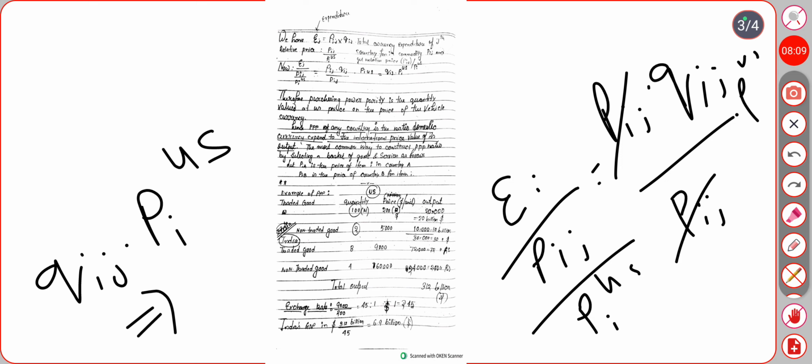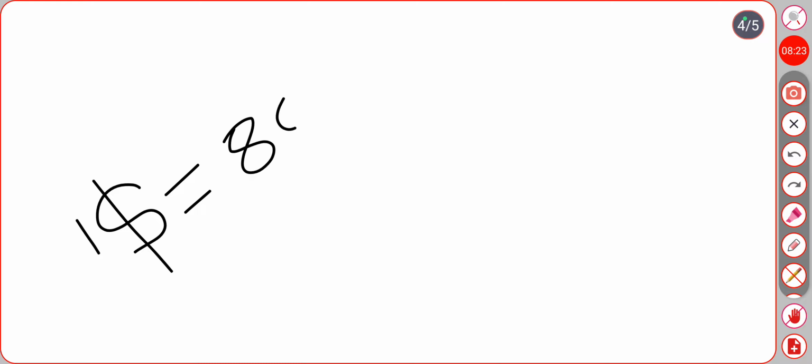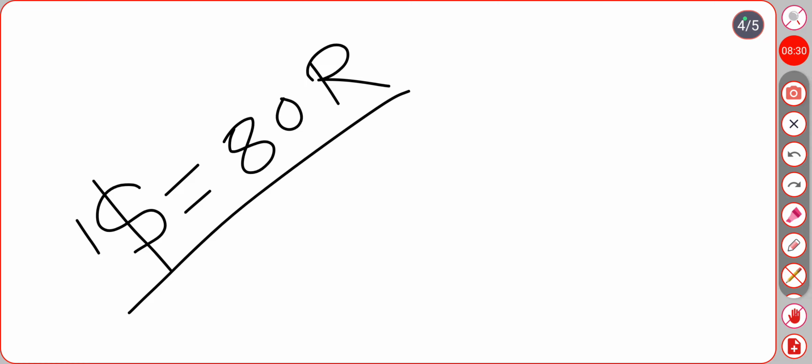So that means we are paying, $1 is equal to 80 rupees. If we get the service from a salon in India, we need to pay $1.